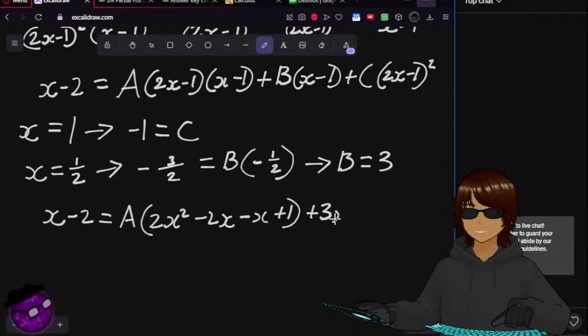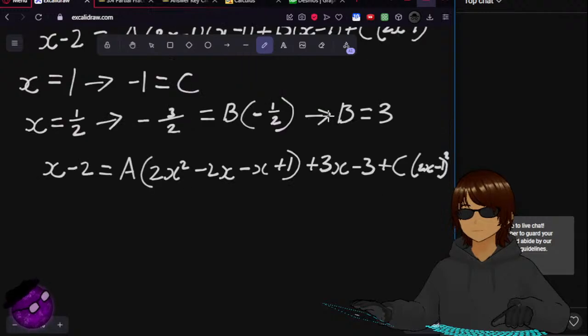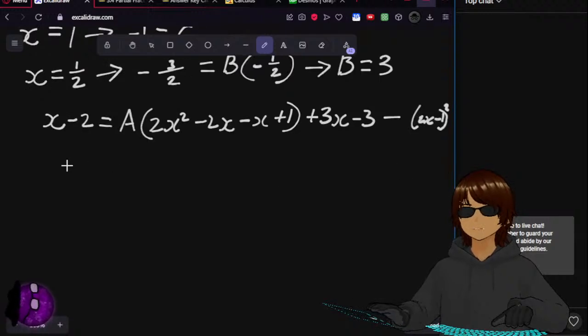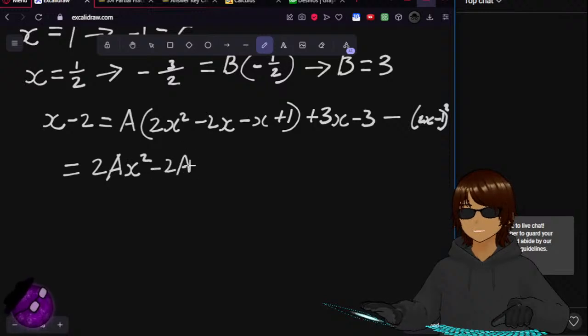Plus 3x minus 3. C is negative 1, so I'll just write minus 2x minus 1 squared. 2ax squared minus 2a, no, minus 3ax plus a.